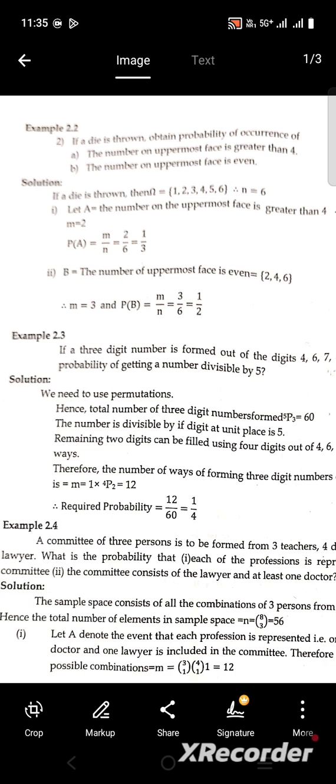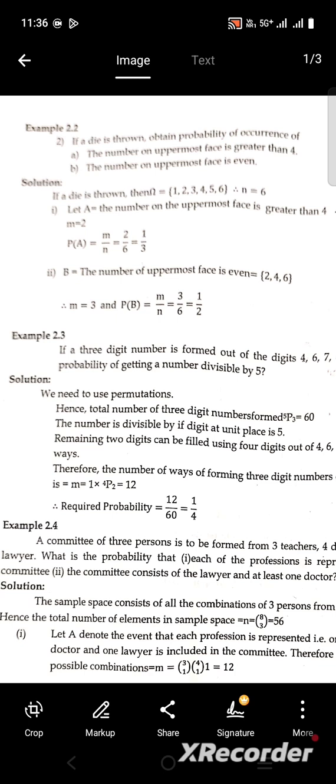First we find the probability that the number on the uppermost face is greater than 4. Let A be the event that the number on the uppermost face is greater than 4. Greater than 4 means 5 and 6, therefore A = {5, 6}, and the number of favorable events is m = 2.